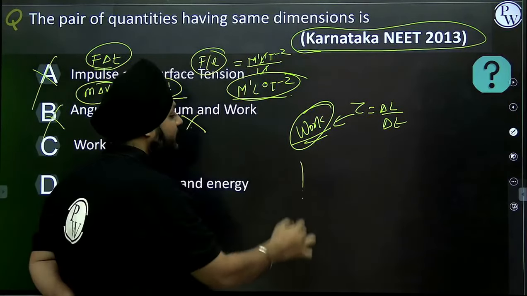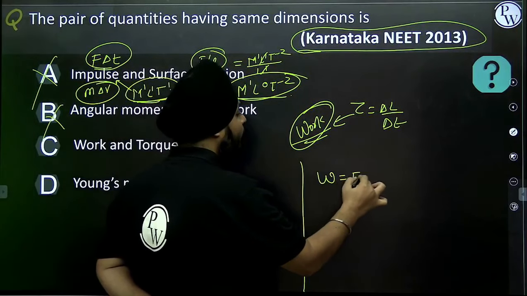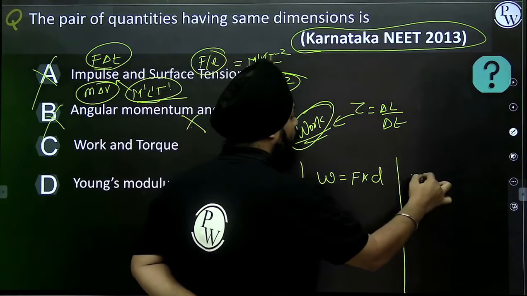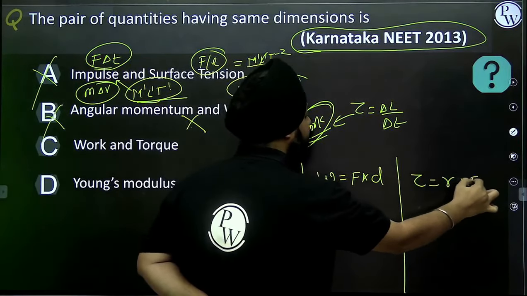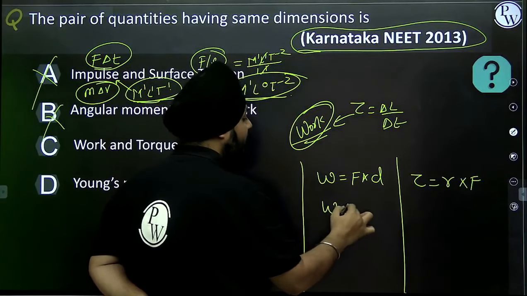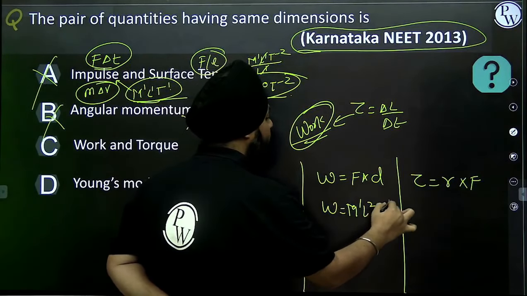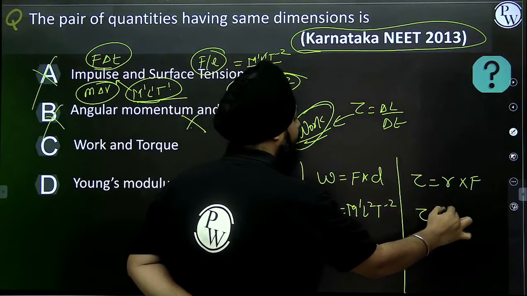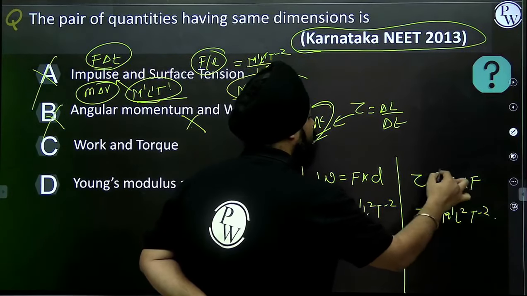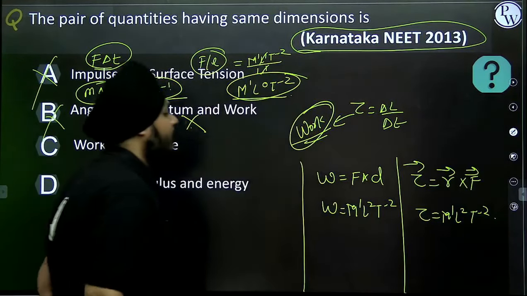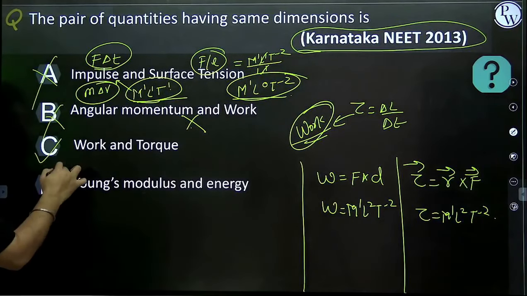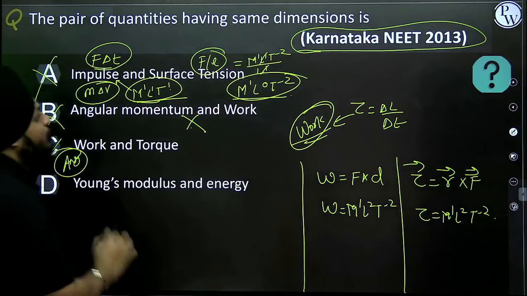Work and torque, yes, obviously. Work is equal to force into displacement. Torque is equal to perpendicular distance into the force. Both have the same dimensional formula, M1 L2 T^-2. C is the perfect answer for this specific question.